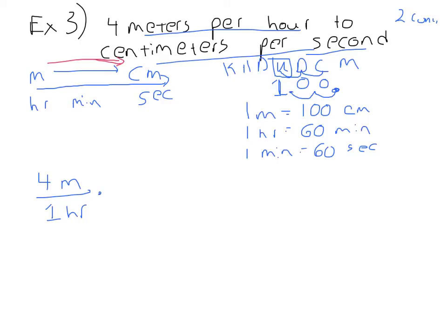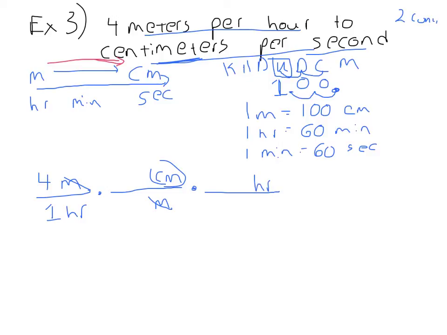All right, so meters in the numerator, we need meters in the denominator. After meters, we said we were going to centimeters according to our roadmap. So meters cancels, leaving us with centimeters, which is what we wanted in our answer. Hours is in the denominator, so I need hours in the numerator.